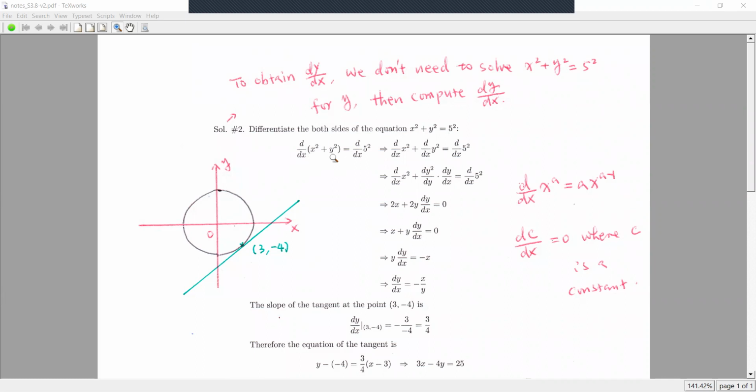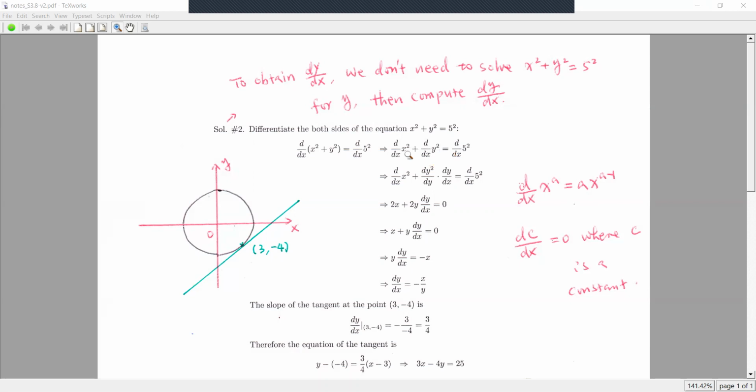Y depends on x, so y squared depends on x. So y squared is a function of x. By the summation formula, the derivative of a sum is the sum of the two derivatives. So we have this equation.